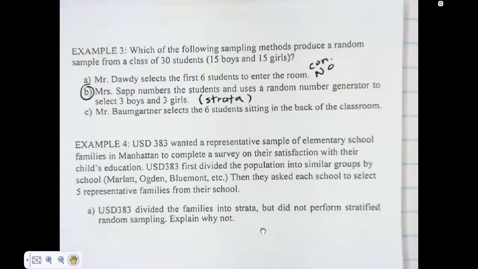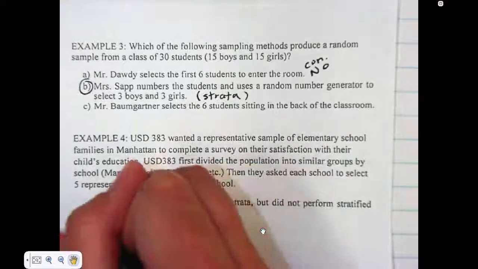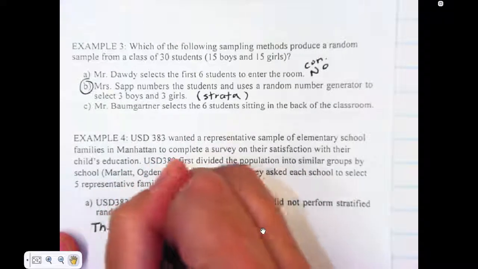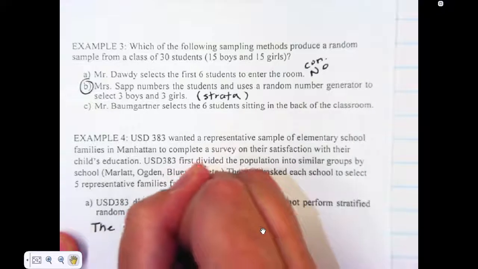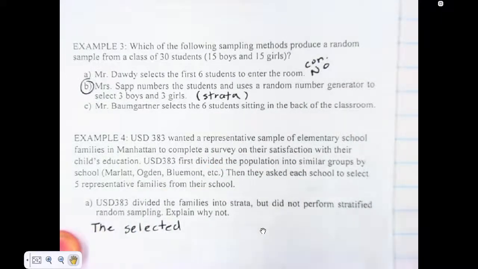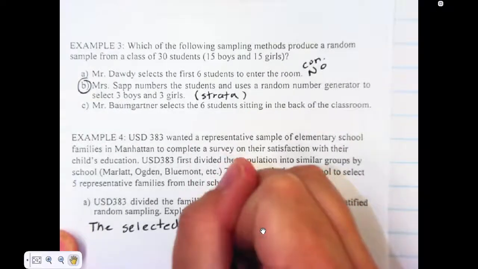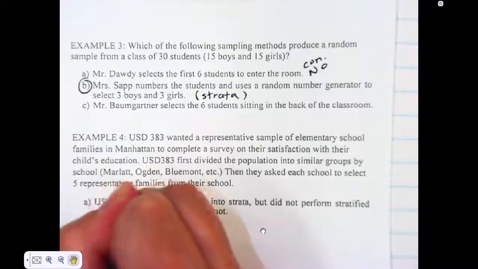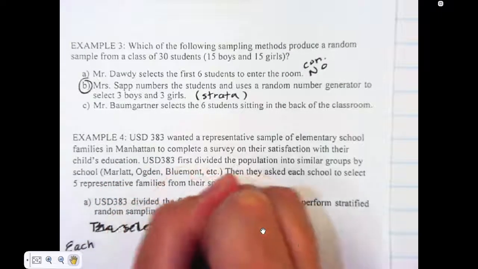sample. Explain why not. Okay, the reason it's not random is each school selected. Okay, so they selected the 5 representative. We should probably say each school. Each, to cross off the whole line. Sorry.